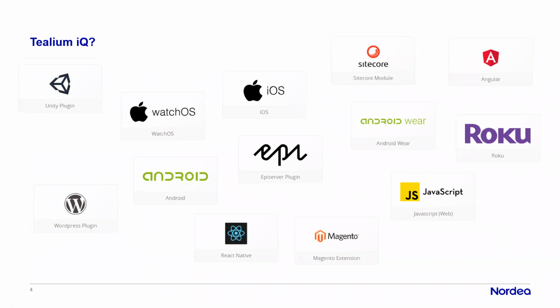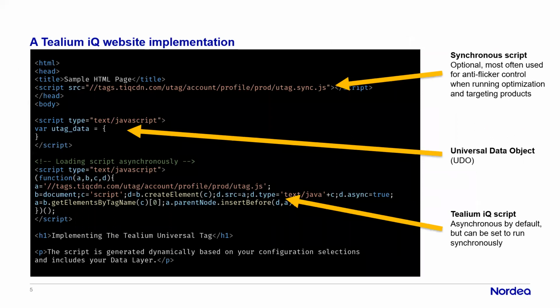What we usually talk about when we talk web is then this block here, the JavaScript web installation, and that's similar to what you see in Google Tag Manager and Launch. Not that much Launch as Google Tag Manager, but kind of more or less the same idea.